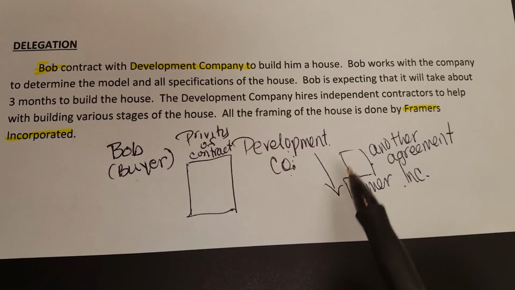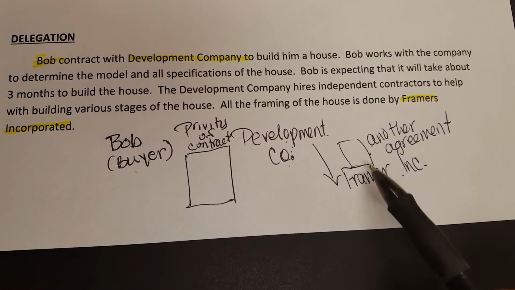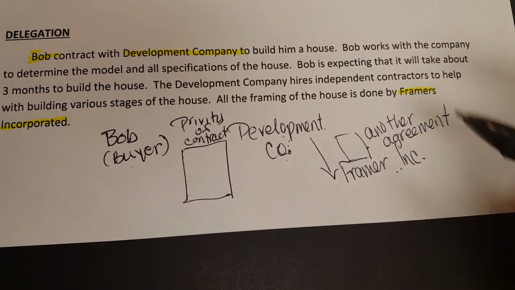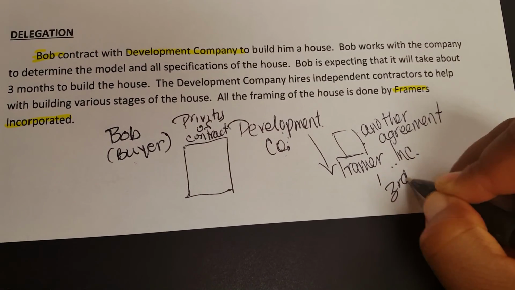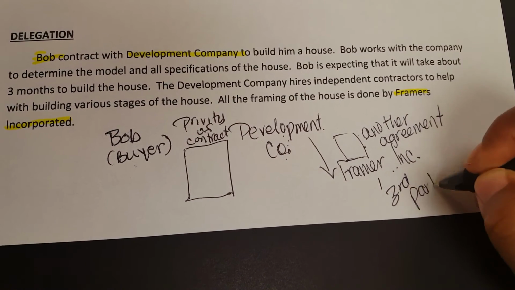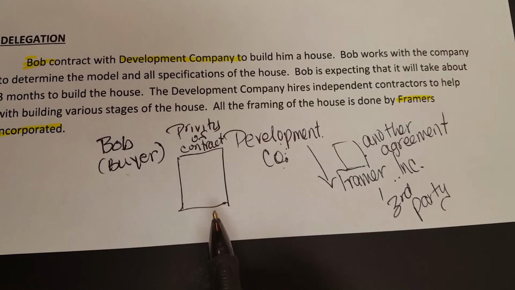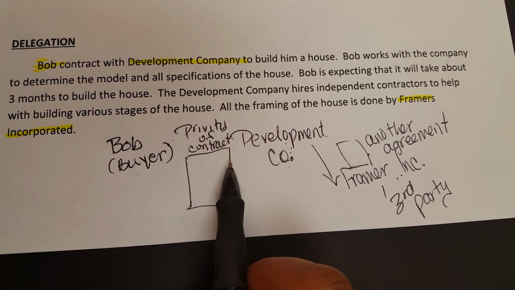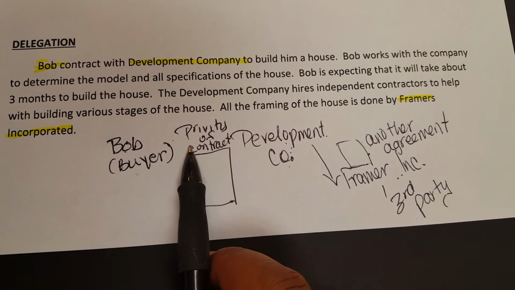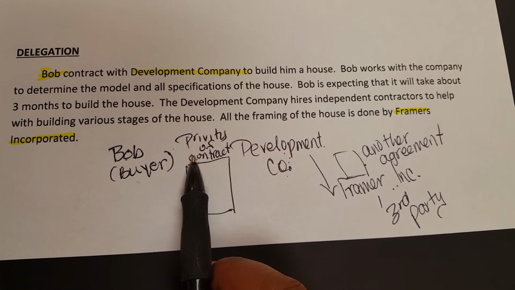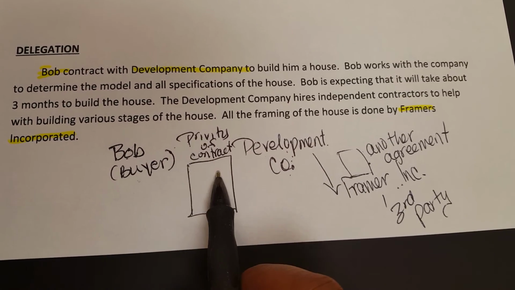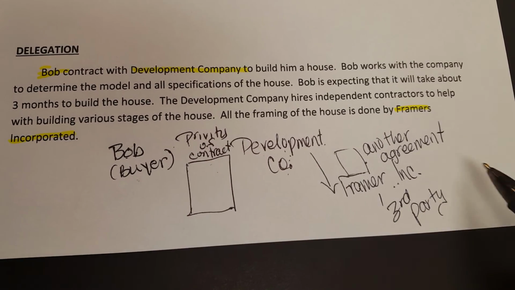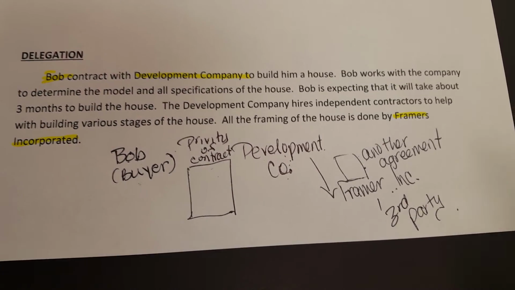So the next question is, when did the framers, who are our third parties, come into the contract? And here it's pretty straightforward. You can see that the contract was in place between Bob and the developer. And then after the formation of this contract, the third party was brought in.